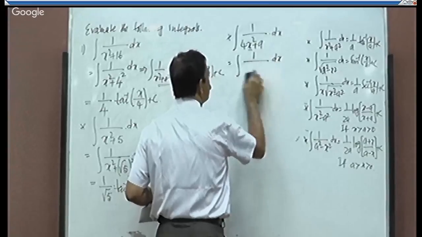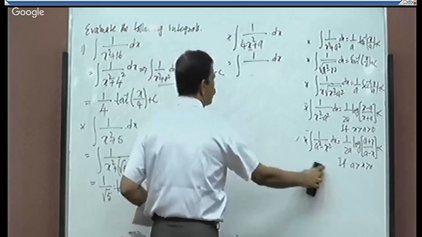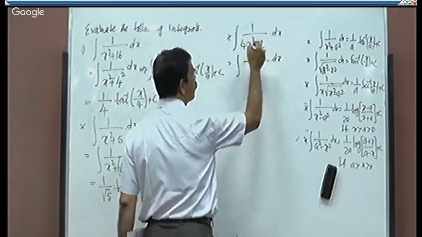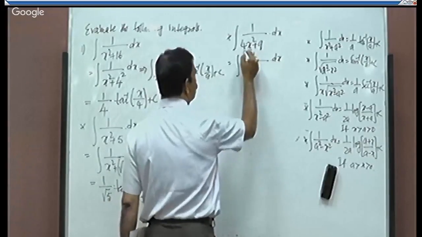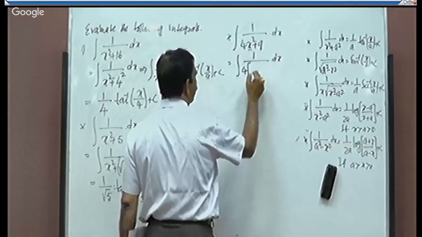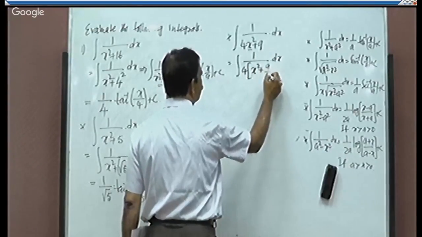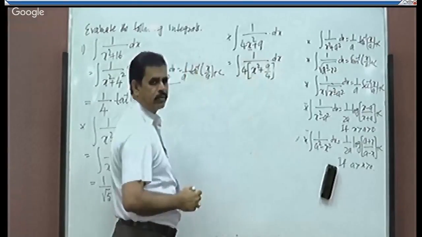Otherwise, you make it into standard form. What is standard form? X square plus a square, right? Take 4 as common. X square plus 9 by 4 into dx.